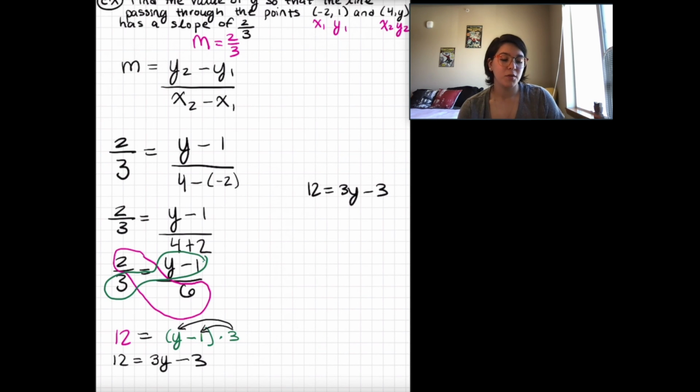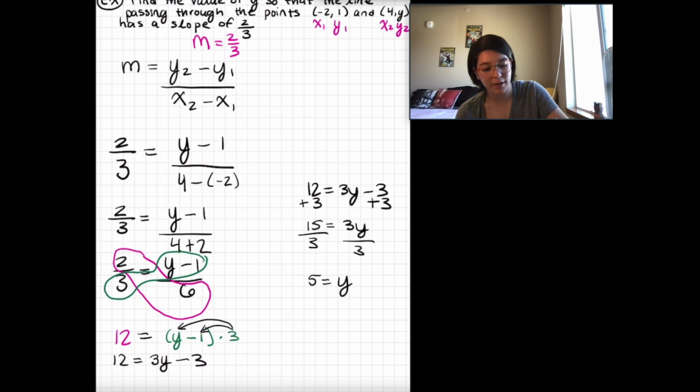So we have 3y minus 3. Inverse operation tells us that we have to do the opposite of subtracting 3, which would be adding 3. So we have 12 plus 3 is 15. We still have 3y on the right. And now we have 3 times y, so we just have to divide by 3. 15 divided by 3 is 5.